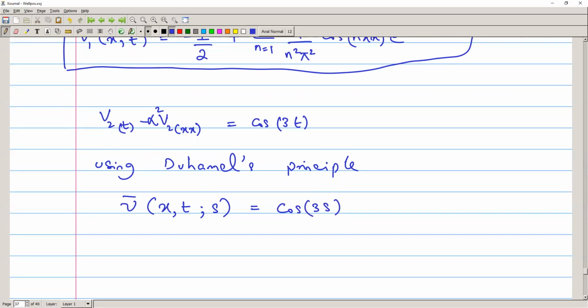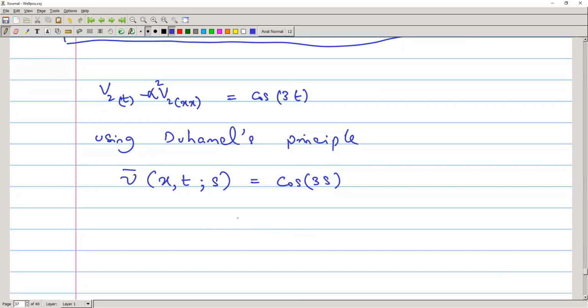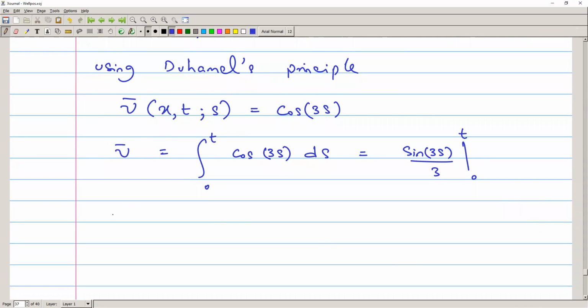Right, for t we write s. Then therefore v is equal to the integral 0 to t of cosine 3s ds. This will be equal to sine 3s divided by 3 from 0 to t. Therefore, the solution is sine 3t over 3. So v2 of x comma t is equal to 1 over 3 times sine 3t.